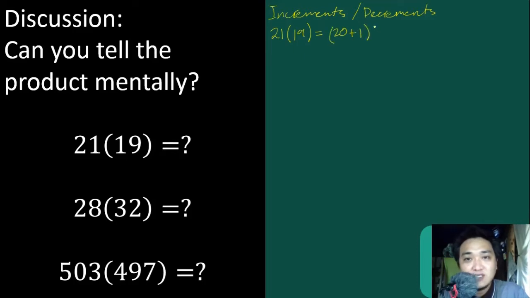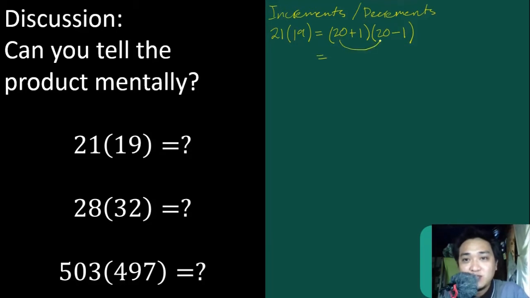At yung magiging decrement naman ni 19 is 20 minus 1. O sir, ano naman gagawin namin dyan? Kung mapapansin nyo, once you express already the numbers 21 and 19 to its increments and decrements, mas madali na sila ngayong i-multiply. So, tingnan natin.